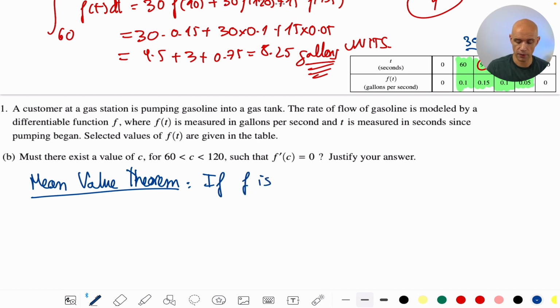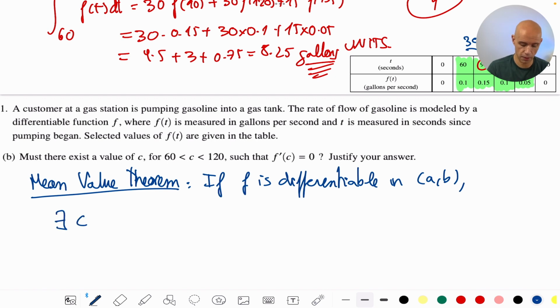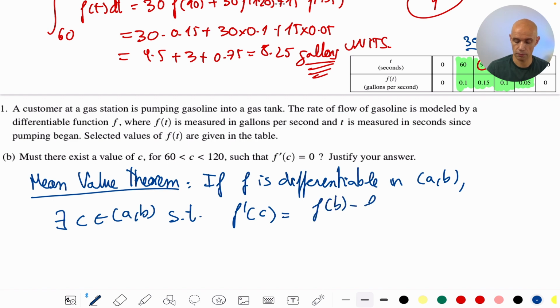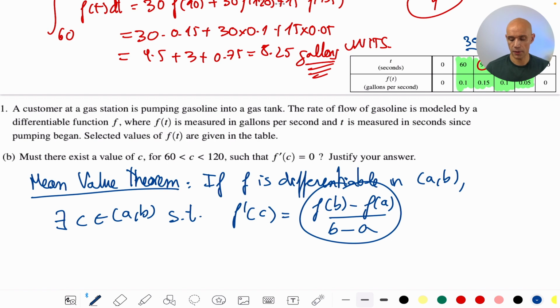If a function f is differentiable in (a, b), then there exists a number c between a and b, not a or b, such that the derivative at that point is equal to this. Basically this is the average slope, and there's a number in between that exactly matches that average slope.